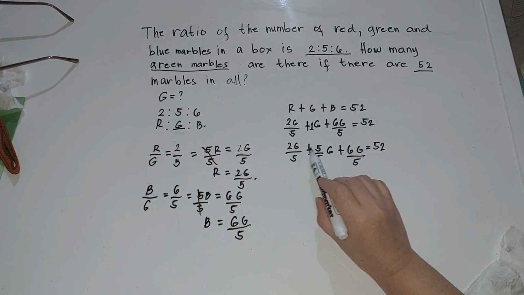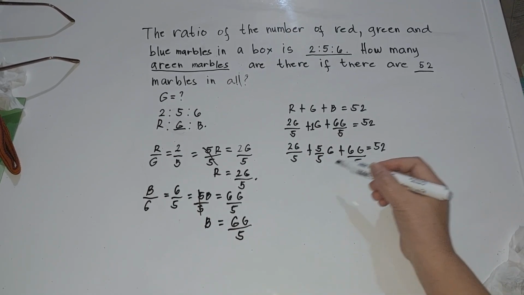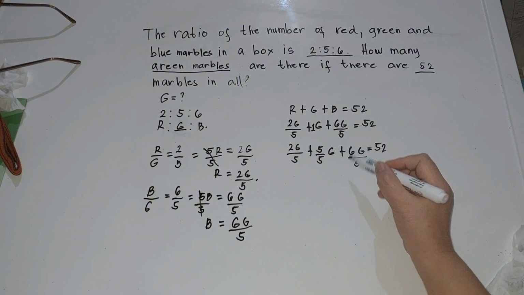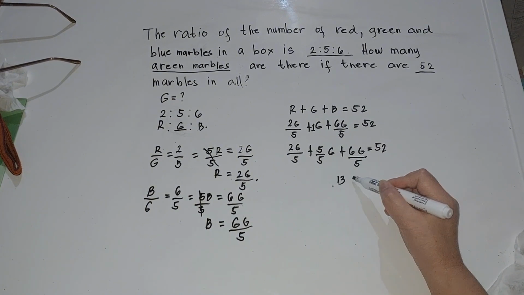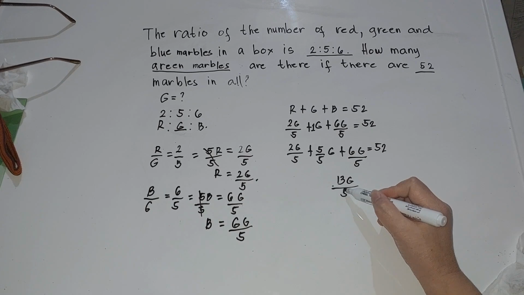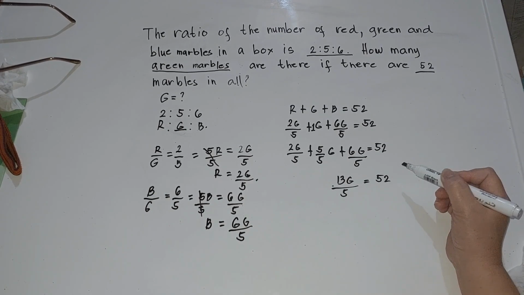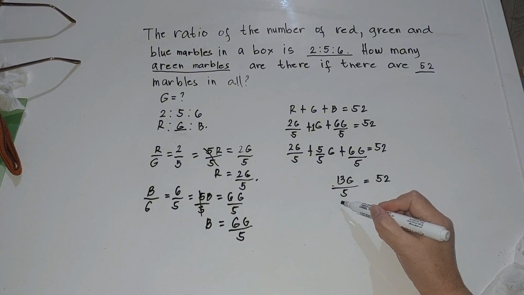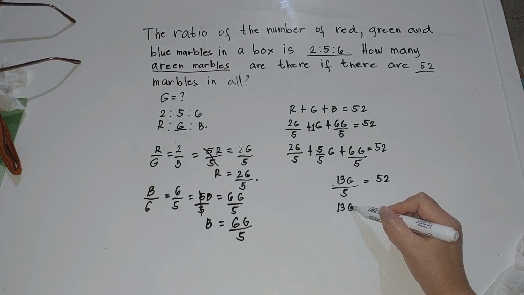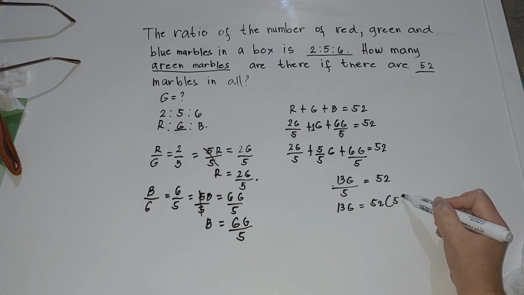2 plus 5 is 7. 7 plus 6 is 13. And the G, 13G over the denominator 5 is equal to 52. Cross multiply. This is 13G is equal to 52 times 5.